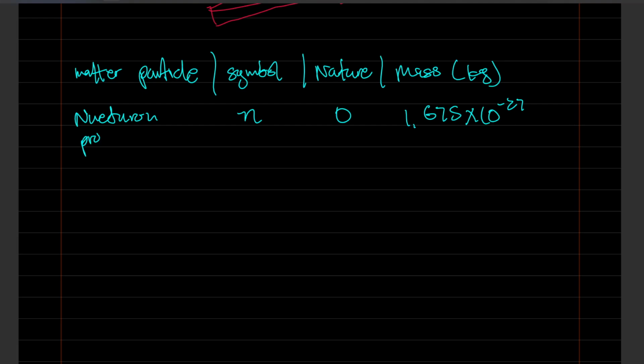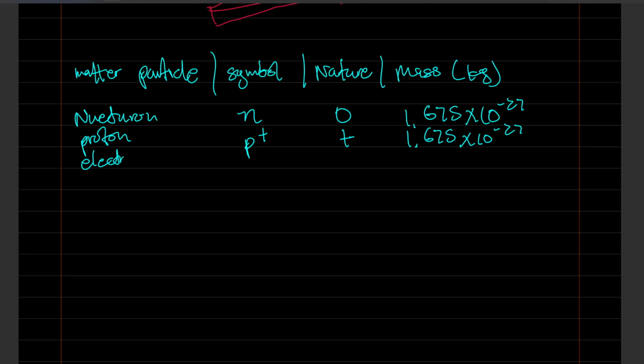And we'd also have a proton, which would be represented by P plus, and would be of positive nature, and it would have the same mass, just 10 to the power negative 27.